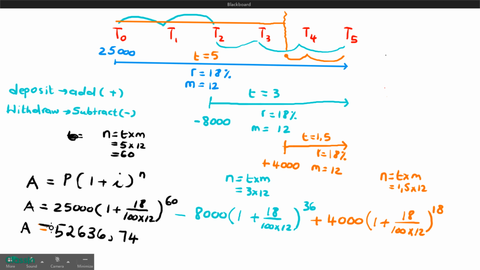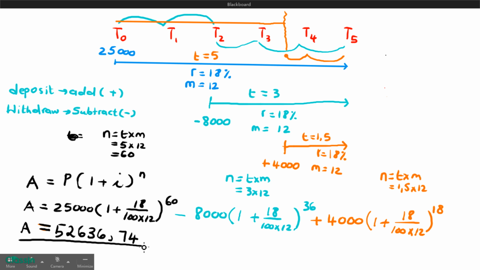So meaning that at the end of 5 years, Angelina will get 52,636 rand and 74 cents.